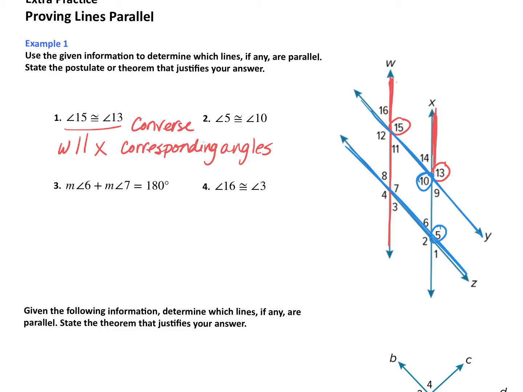Angles 5 and 10 sit in between lines Y and Z. So Y is parallel to line Z by the converse, or the opposite, of what we know about alternate interior angles.